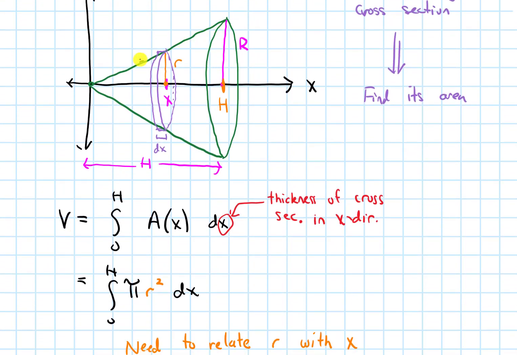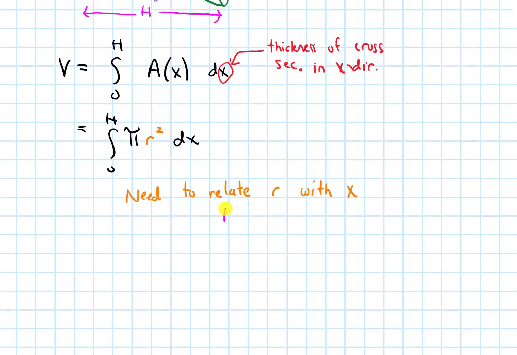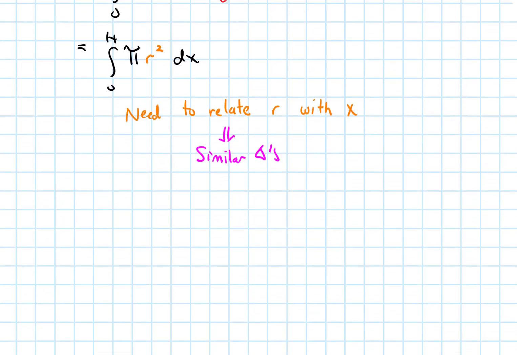So the way I'm going to do that, based on this picture, is I notice we have some similar triangles. So we will be able to set up a proportion. If I draw our triangles, we have a big right angle triangle, and then a smaller one.